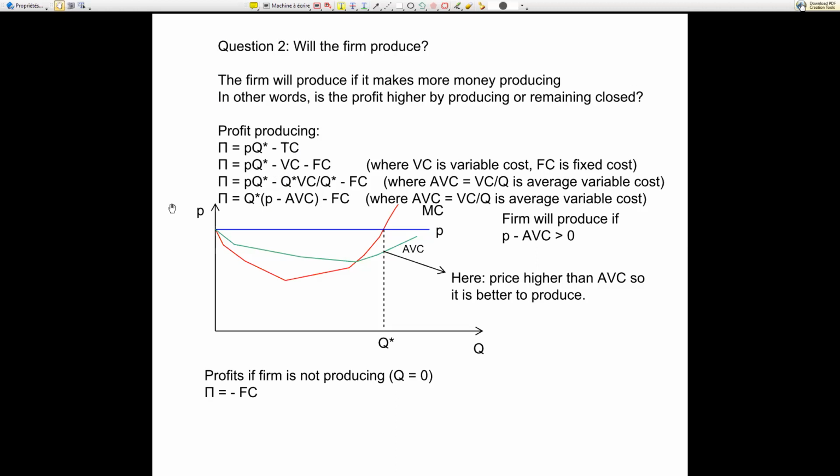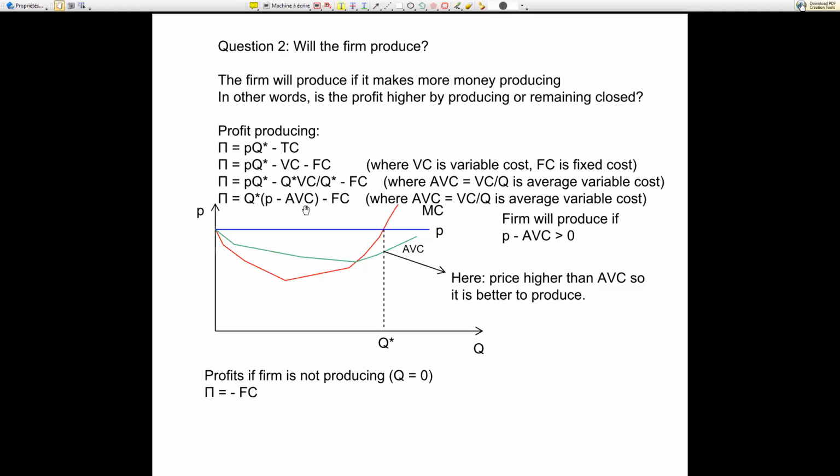And here is how I can decompose it. We have price times quantity, Q star, minus variable cost multiplied by Q star divided by Q star. I didn't change anything, it's like multiplying by 1. But note that variable cost divided by Q star is average variable cost.